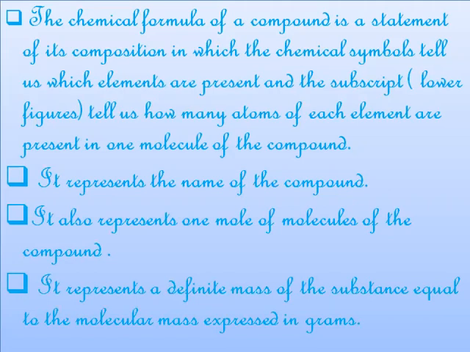So if we consider the chemical compound calcium carbonate, the chemical formula or molecular formula of the compound is CaCO3. The statement gives us the composition in which the chemical symbols Ca, C and O3 tell us that the elements present in the compound are calcium, carbon and oxygen respectively.